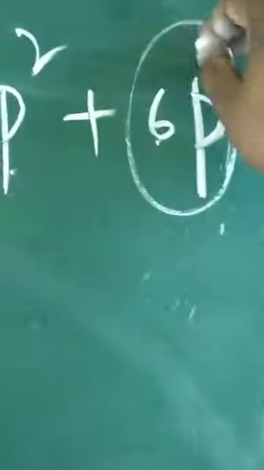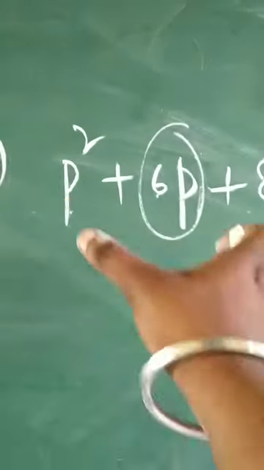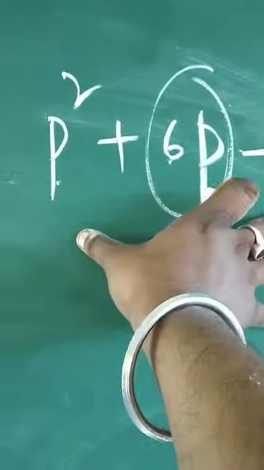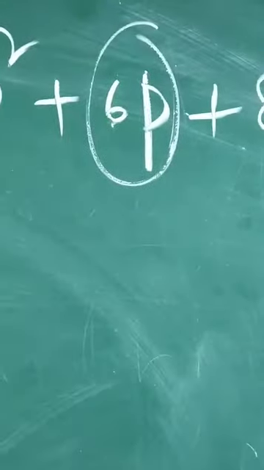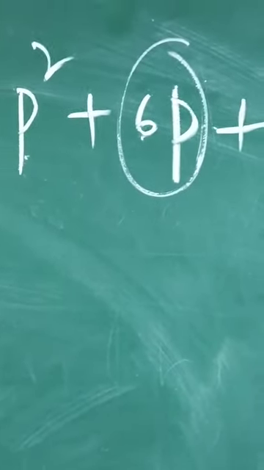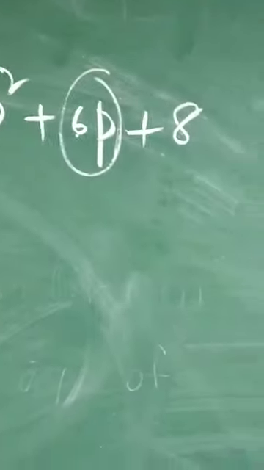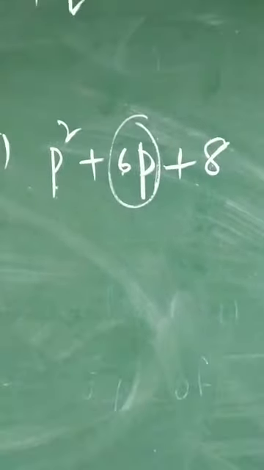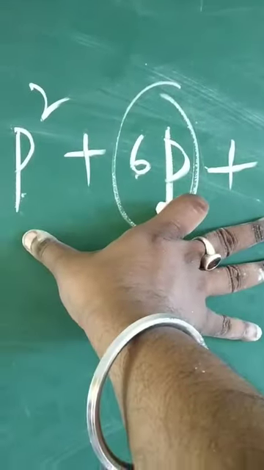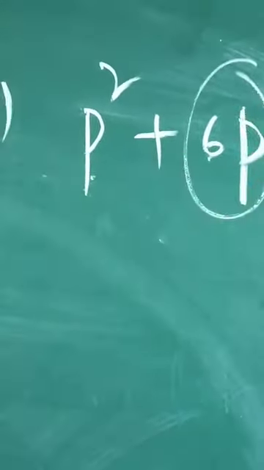This is the middle term. As we are studying in class 8, that's why we have got three terms to deal with. When we will be in class 9, we'll have more terms to factorize. In a similar way, we might have 4 terms, 5 terms that we have to factorize. So we are going to deal with this question using the middle term factorization process.